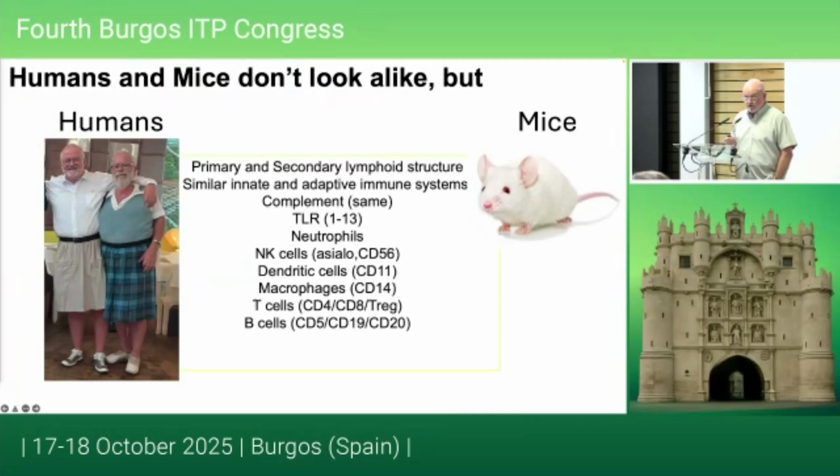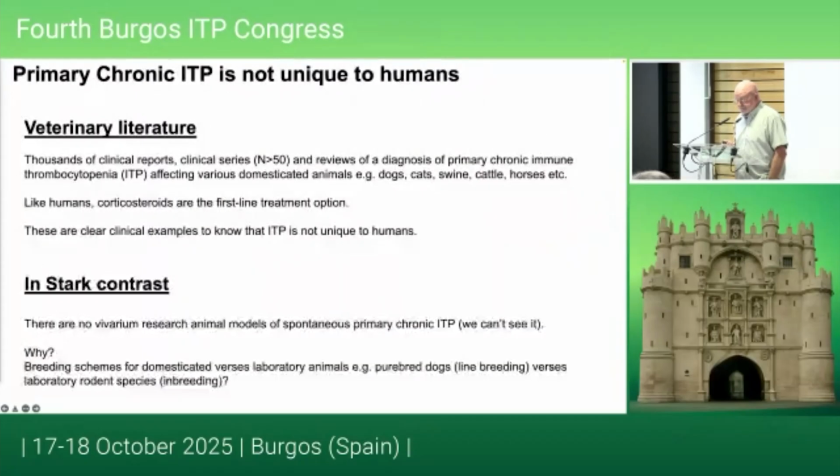Most of what we know about human immunity has come from studying animals like mice, and they have all of the characteristics in the immune system that are very similar. There are, of course, slight differences between them, but we can understand a lot about human immunology by studying animals like mice, particularly mice, because they're so well characterized.